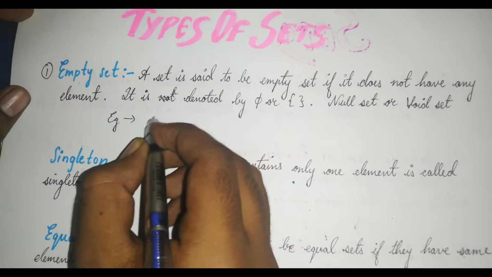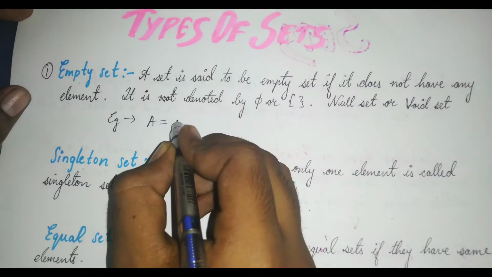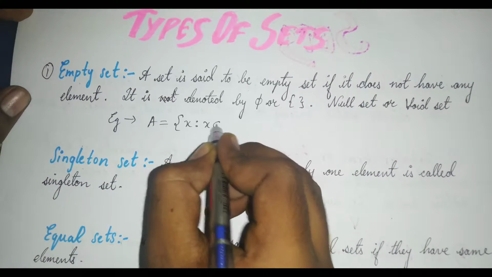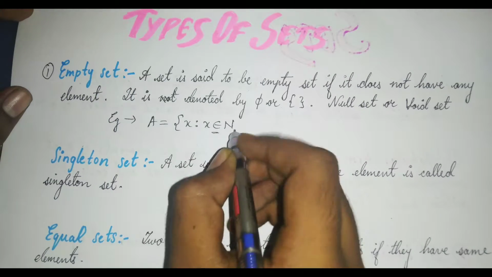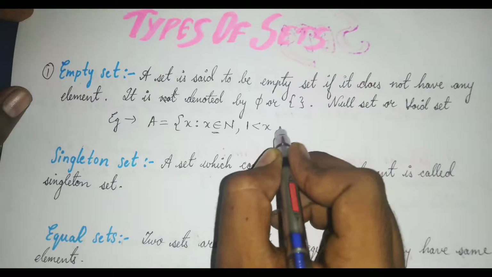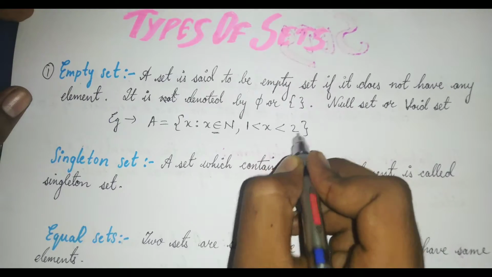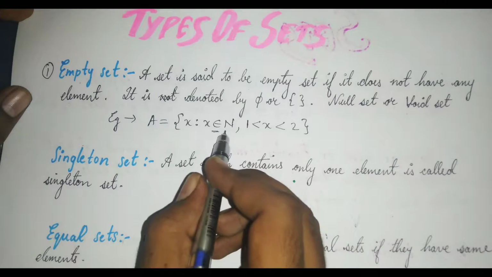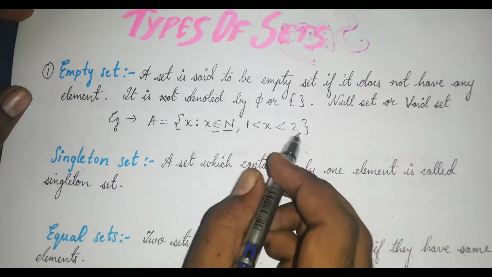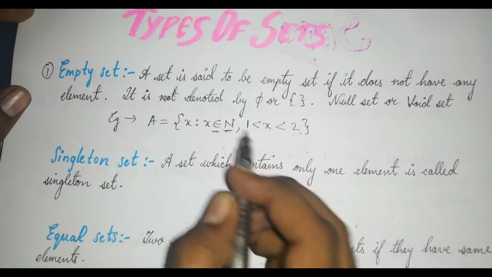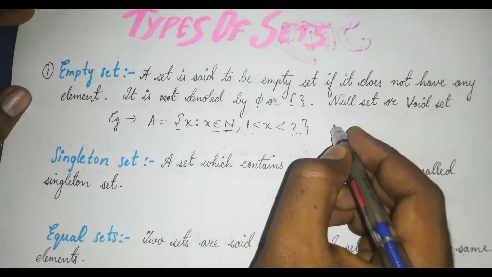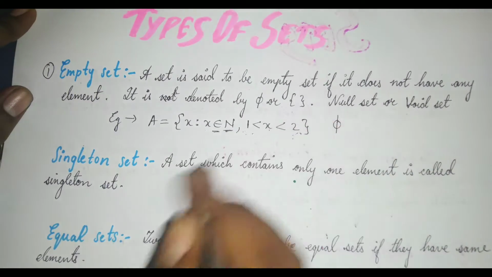Our set is equal to the set of x such that x belongs to N and x lies between 1 and 2. Here N is the natural numbers. So there is no natural number which lies between 1 and 2. So this is a null set or empty set.